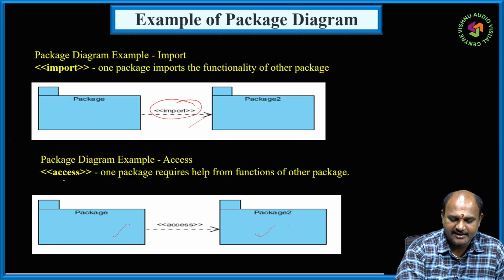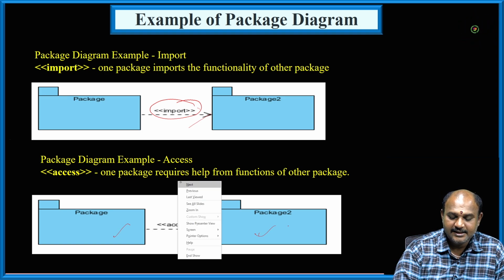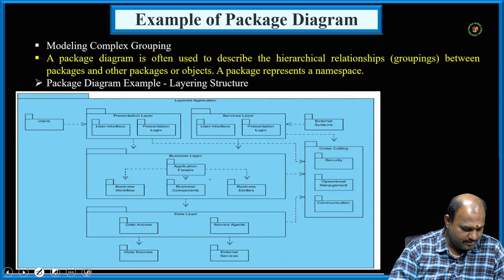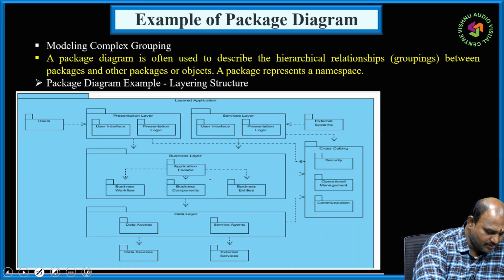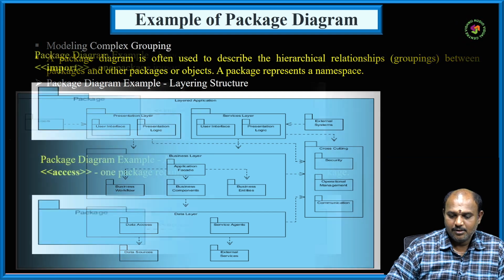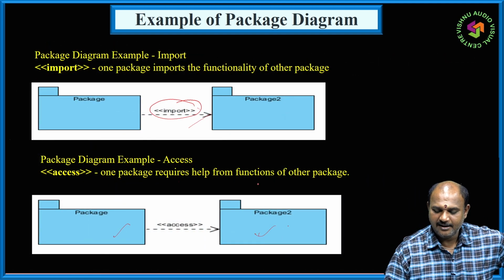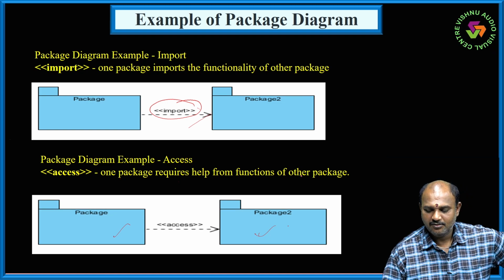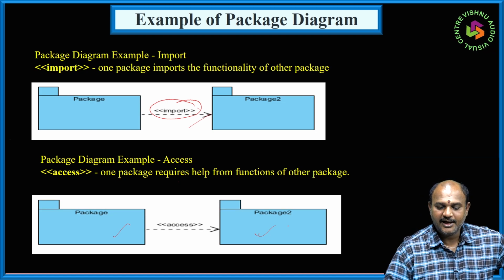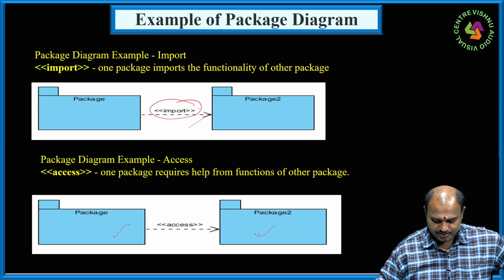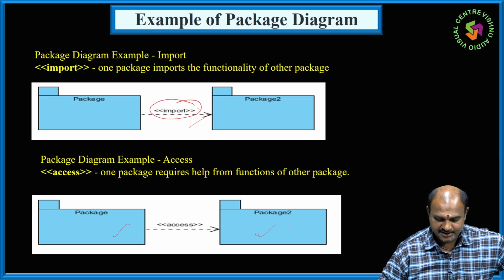So what is the meaning of access? One package requires help from one function of another package. So this is a simple diagram. You can use it to understand. So we are looking into this picture.